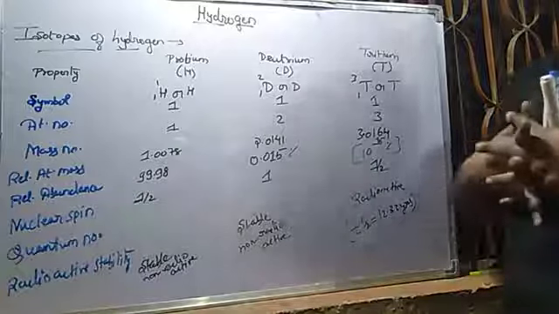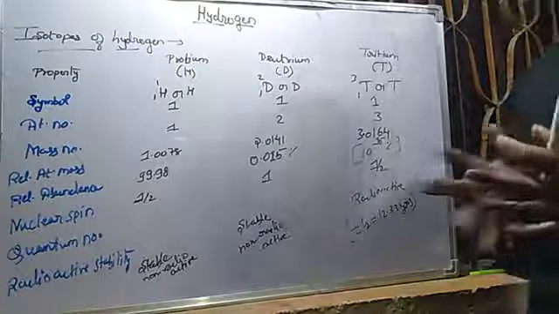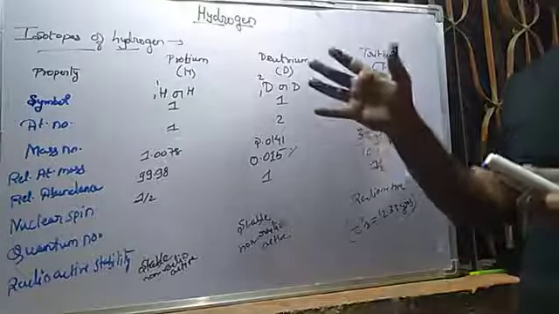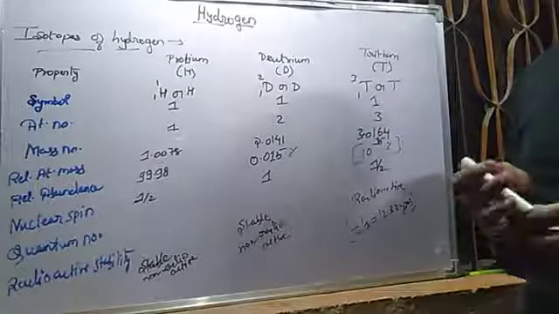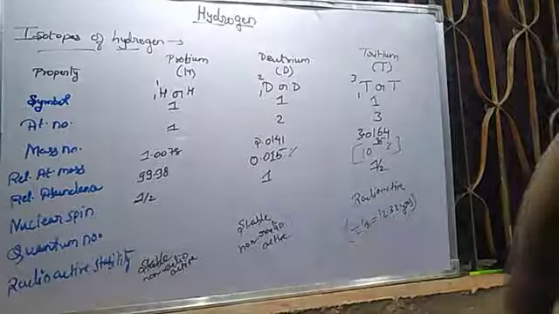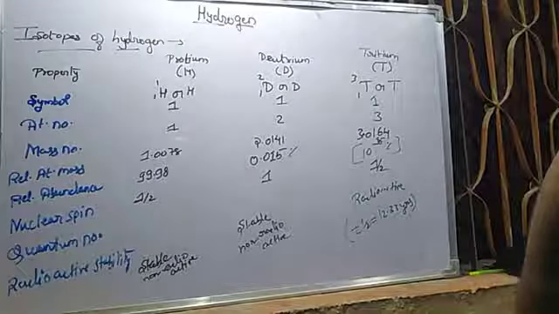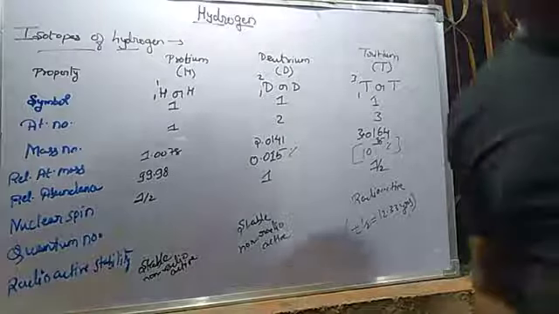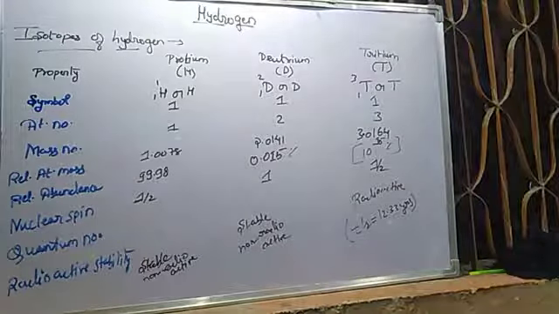So these were the isotopes of hydrogen and their differences on the basis of different properties. We are taking today's class up till here only, and we will continue this class in the next session.